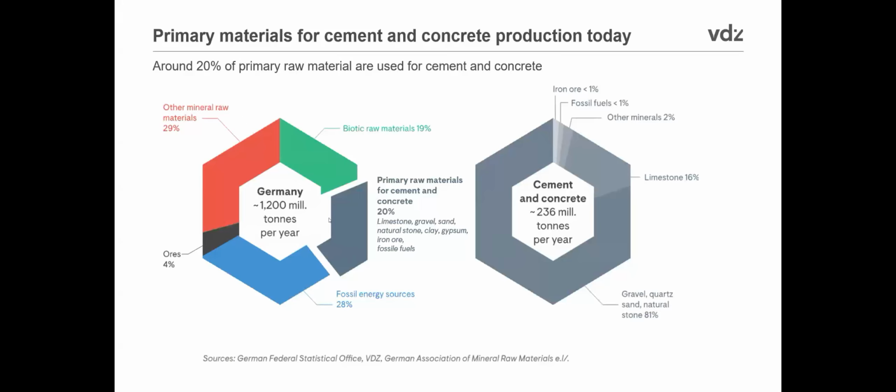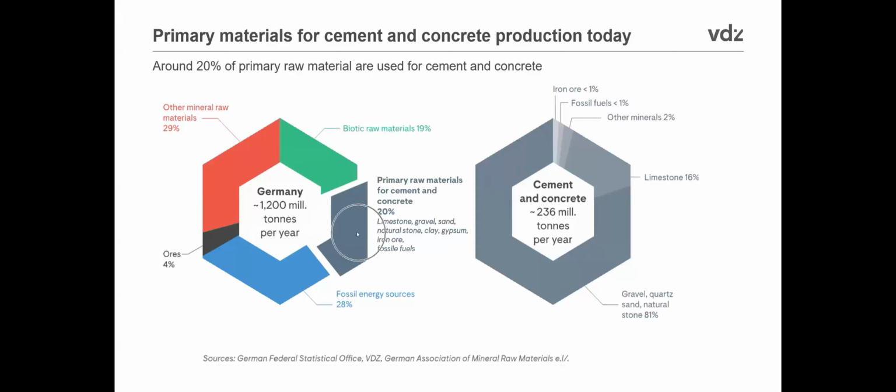So this is the situation for our country, and I'm sure that the situation will be similar looking in other countries as well. So you can see here that we are using as a country in Germany 1.2 billion tons of raw material each year.